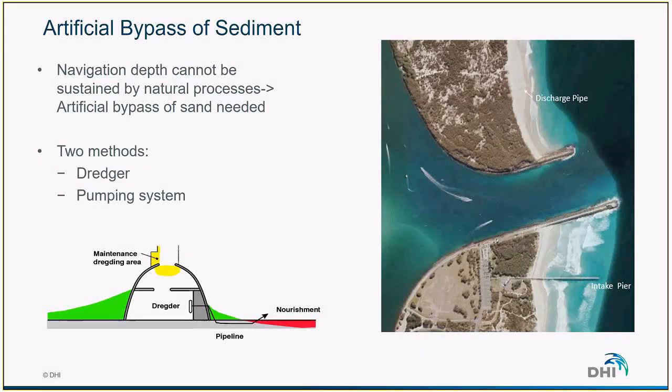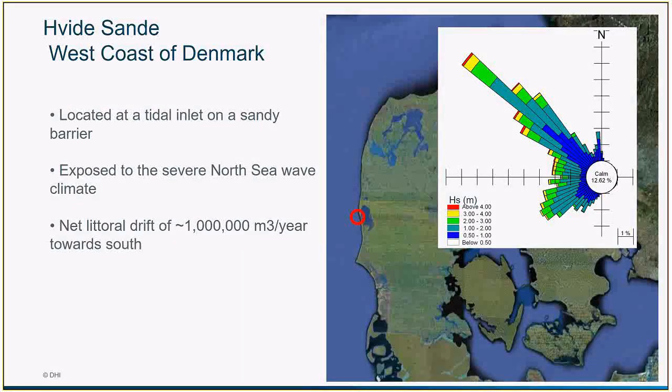And we can see on the southern part that there is a jetty that contains a lot of pumps, and these pumps dredge the sand. So we can see that it's actually much deeper below the jetty, and all the sand that is pumped from this jetty is discharged on the northern side of the structure. So that's another way of bypassing the sediment that would be blocked by the structure.